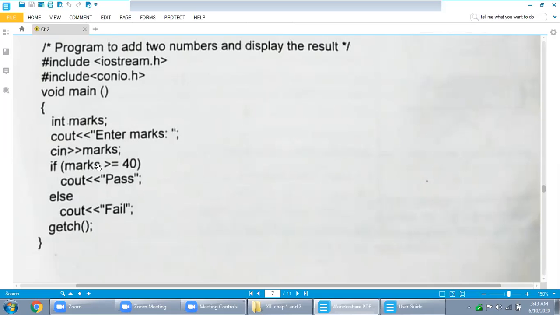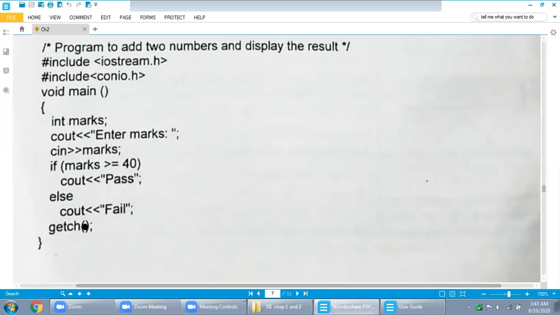If you assign the marks, let's say 66, then cout means display or output. When the condition becomes true, this statement will be executed. Else means otherwise. If the condition is false, let's say the student's marks is 16, then this statement will not be executed. Control comes to the statement after else, and it will print fail.